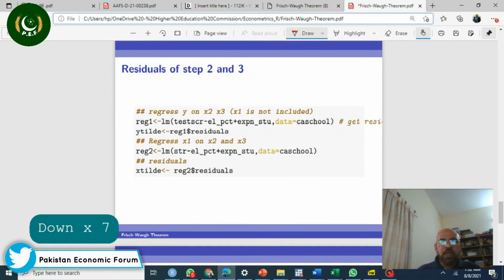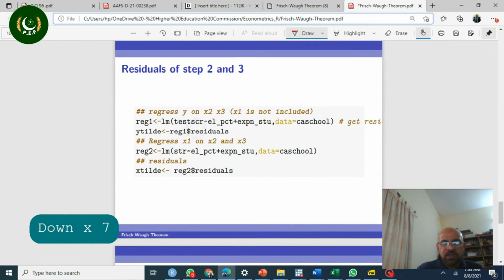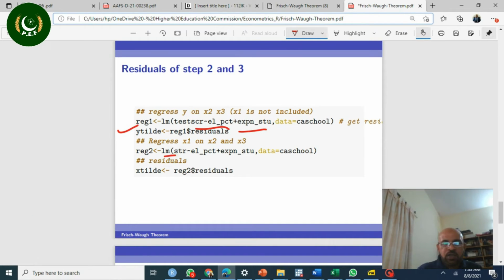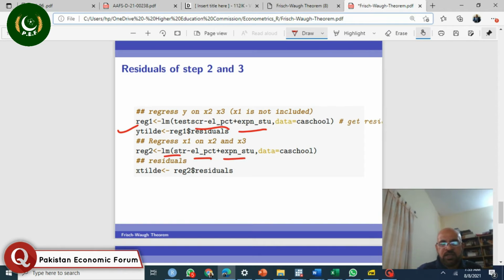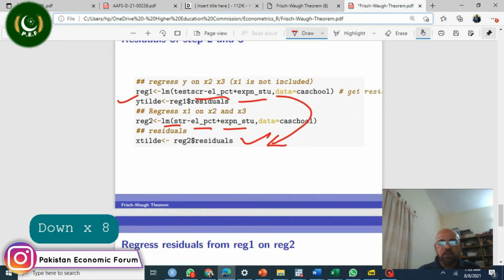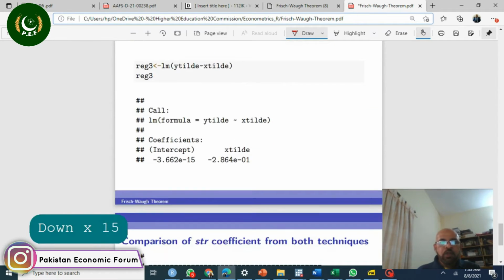So we have regression 1, where test score is regressed on English learner percentage and expenditure per student, giving y tilde, the residuals from this regression. Now regress student-teacher ratio on English learner percentage and expenditure per student, and take the residuals. Now regress these residuals on these residuals, and you will get the same coefficient as x tilde.